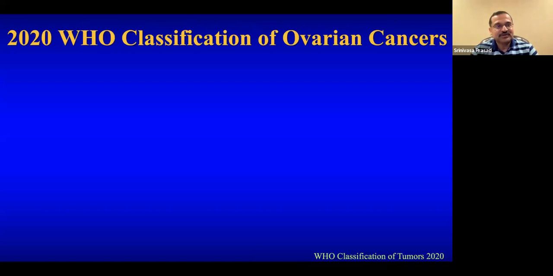Now moving on to the classification of ovarian cancers. This is where, until now, we have seen a whole bunch of various interesting tumors. And now we come to the era of molecular classifications of ovarian cancers.